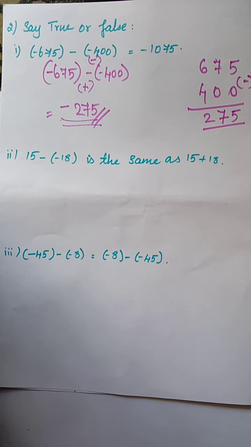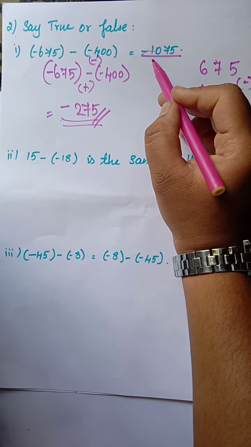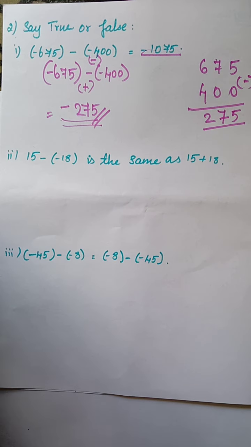This is our answer, but in the book they have given it as minus 1075. So which one is correct here? Whether we did correctly or in the book they did correctly? We did correctly. Yes, we have mentioned the rules and we have checked which one is the biggest number.